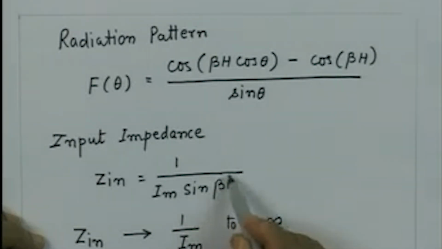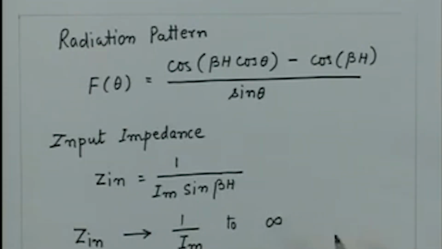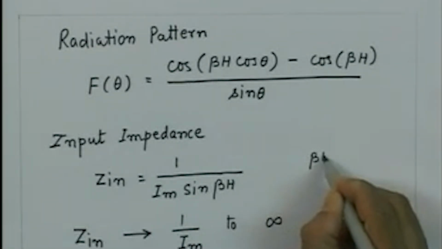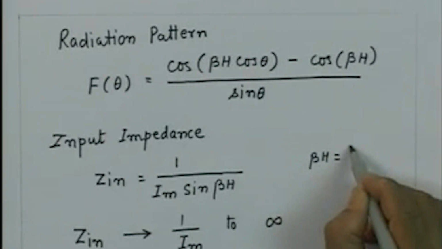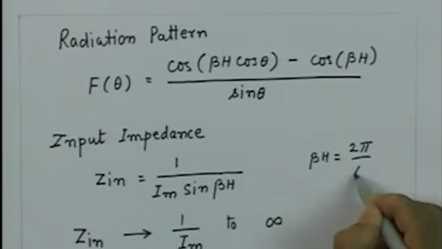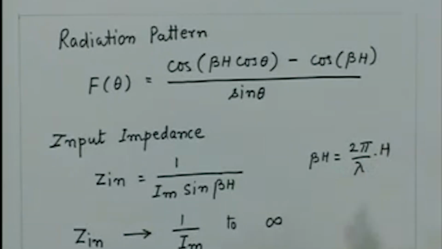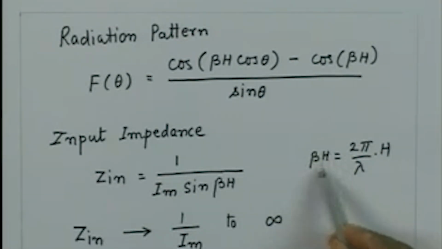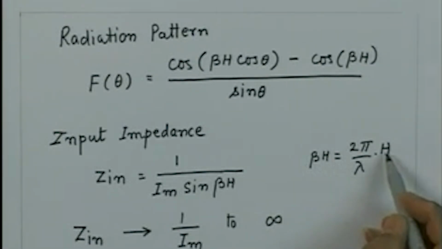And when this quantity is 0 or pi, when will that happen? When beta h is equal to pi, but beta h is equal to 2 pi by lambda into h. So, when beta h becomes pi, that will be when h is equal to lambda by 2.